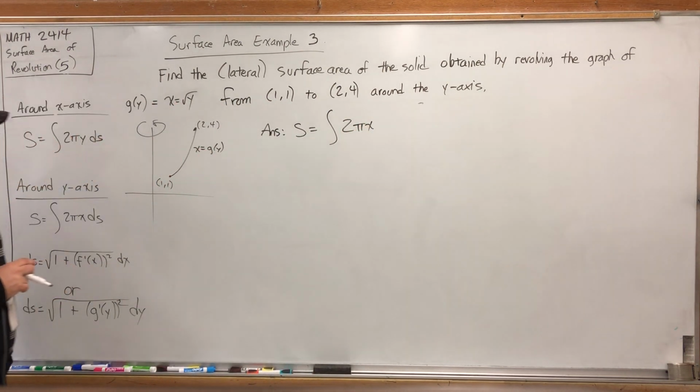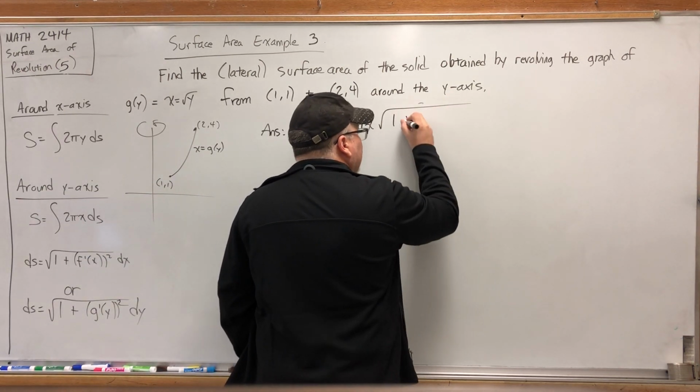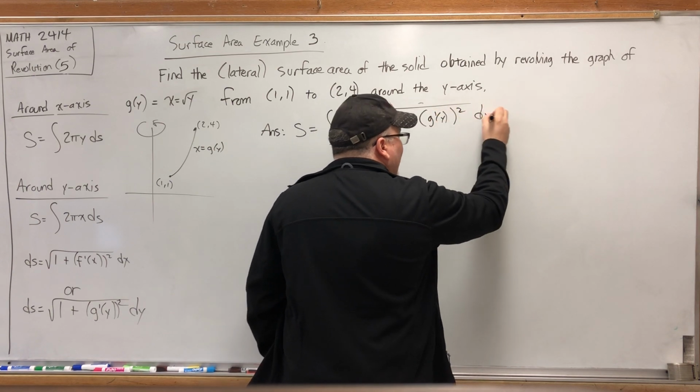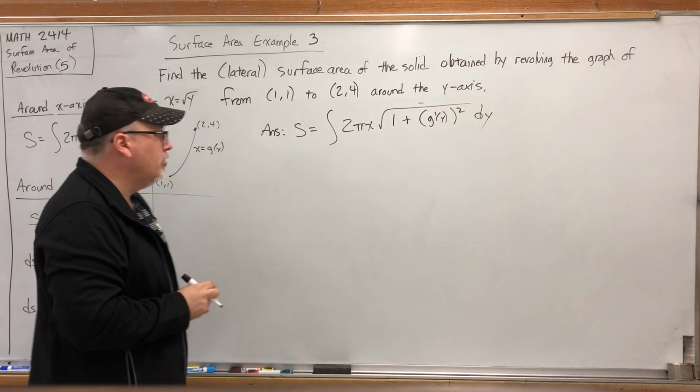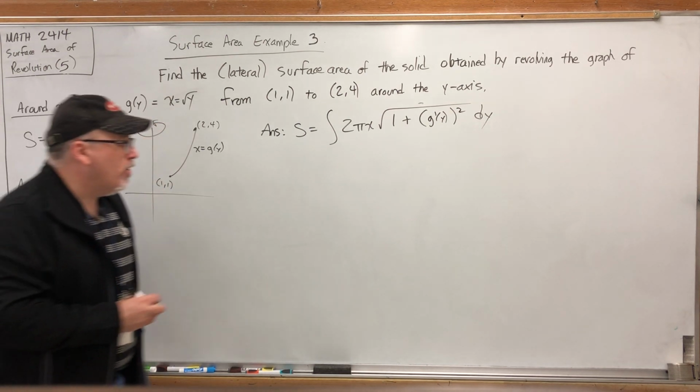But because I have a function of y, when I unpackage the ds, I'm going to unpackage it as this: the square root of 1 plus the square of the derivative of g of y dy. And so this is a dy integral. And so our limits of integration will be from the lower y to the upper y, 1 to 4.